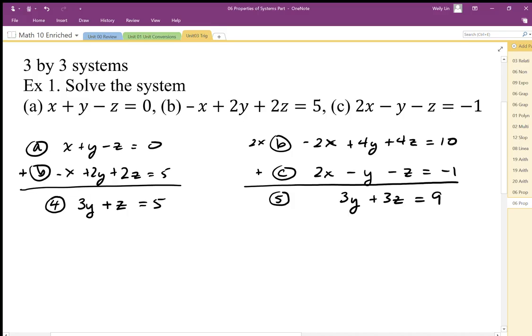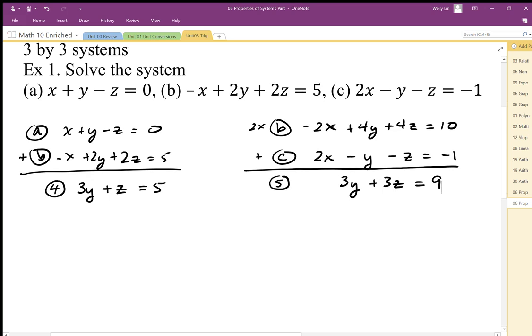And so I've generated two new relationships that have two variables, both the same variables, y and z. Basically what I've done is combine these equations to go from a 3 variable system with 3 equations to a 2 variable system with 2 equations.